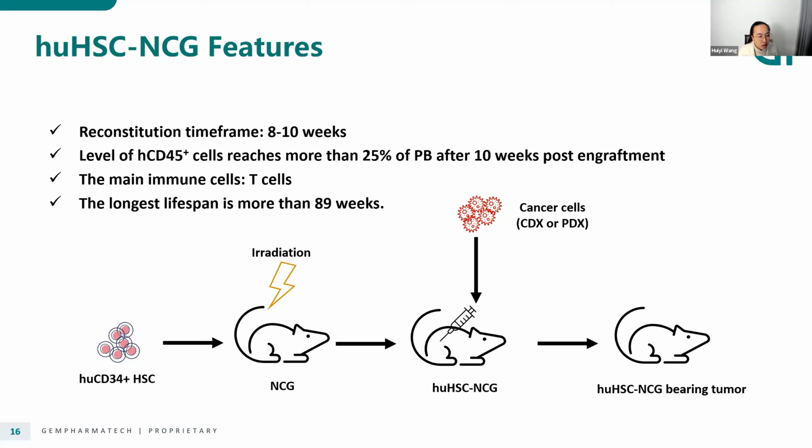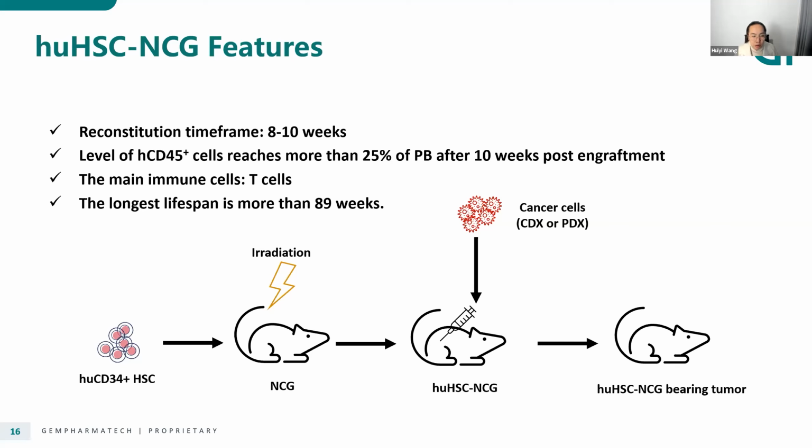The workflow to construct the HSC-NCG mice is that we will engraft the CD34 positive HSC cells into the irradiated NCG mice, which means the irradiation of NCG will create space for the human HSC cells to develop and differentiate into different types of immune cells.